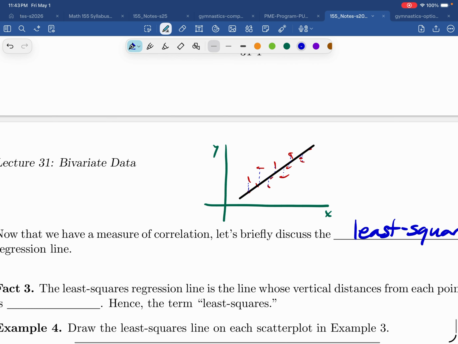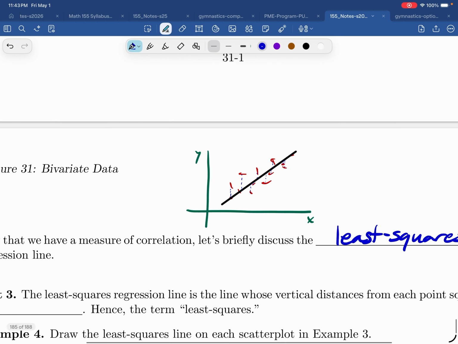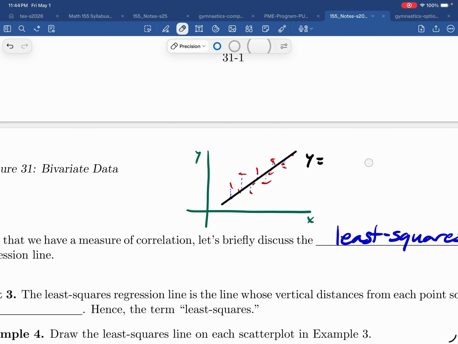Okay? And that line has equation y equals, now let's think back to algebra class, right? We know that on the one hand, y equals mx plus b is our equation of choice. The way that it's written in this textbook and in statistics sometimes is beta naught plus beta 1x.